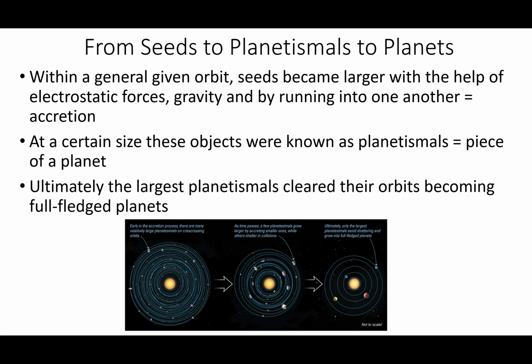From left to right, you see time progressing, and over here would be our nice, neat little planets that formed. A few terms here, because this class is a little bit about terms. Planetesimal, is that not a cute word or what? A planetesimal is a piece of a planet.